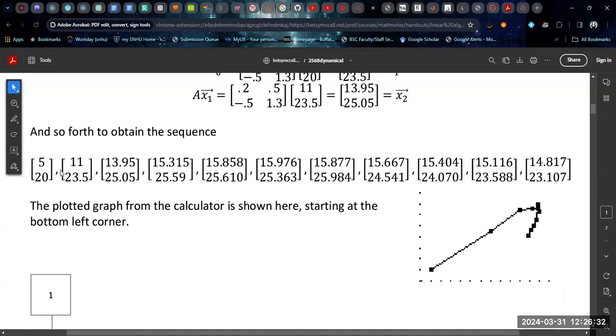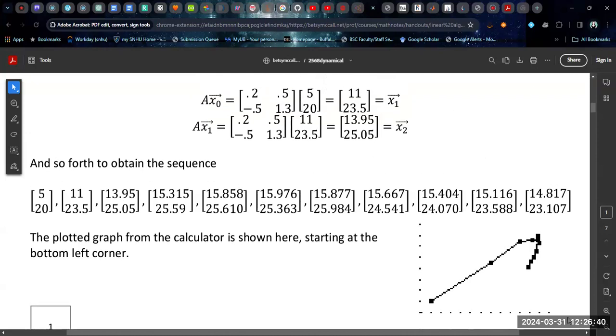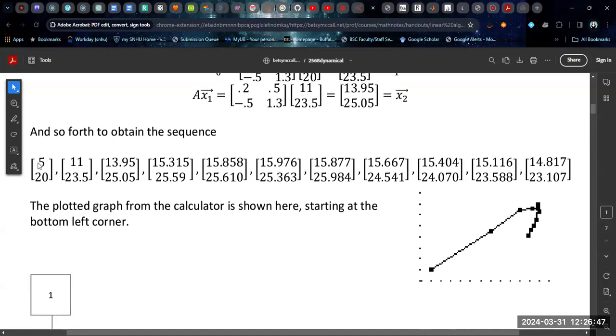So we can see that our predator population, if we think of that as usually the first population in the model, with a lower replenishment rate, let's say, in this example is increasing for a time, but then reaches a maximum just below 16, and then you can see it starts to decline.